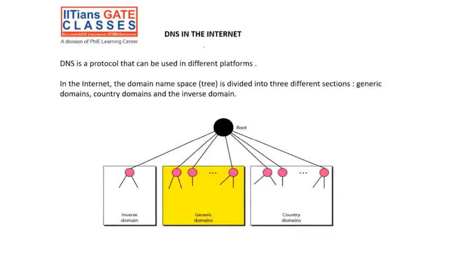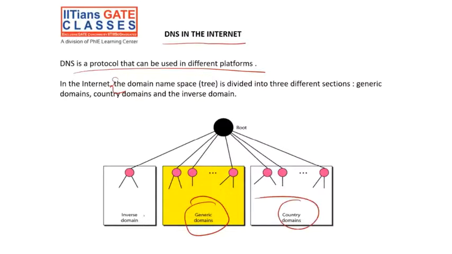So how do we implement the domain name system in the internet? The domain name system is a protocol that can be used on different platforms in the internet. The domain namespace is divided into 3 sections in the tree: first, generic domain; second, country domain; third, inverse domain.